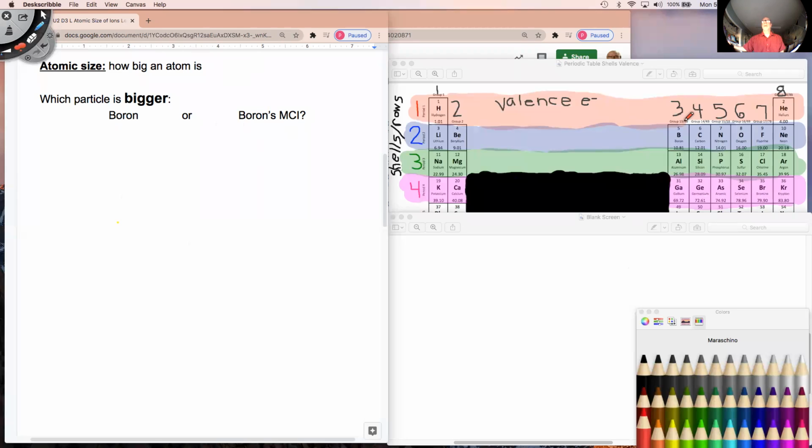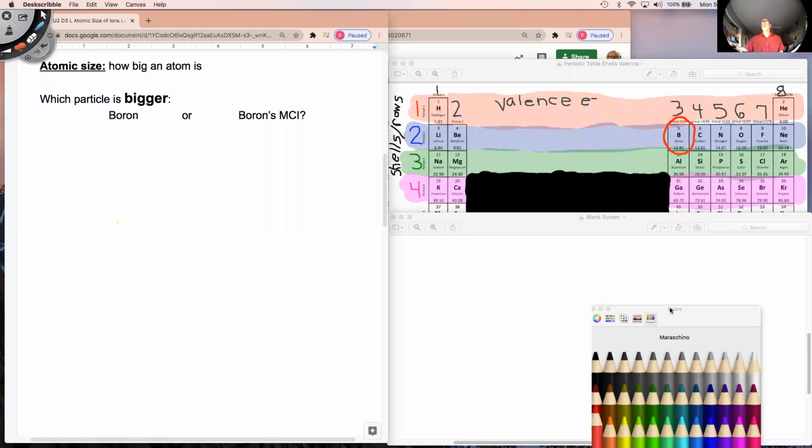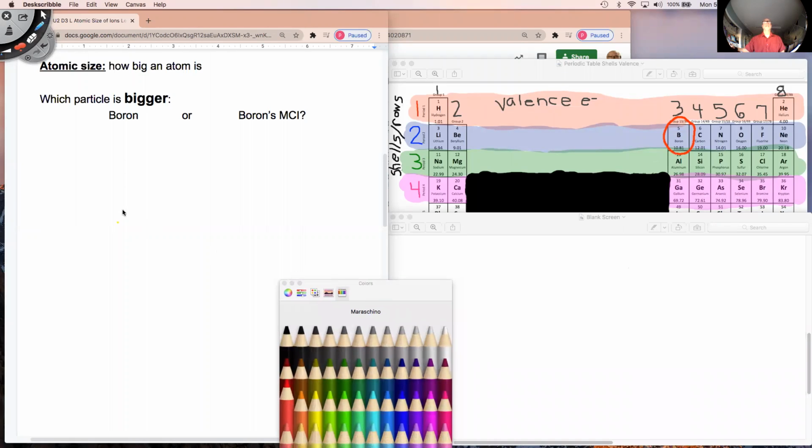So boron is right over here, and you can see that boron has 5 protons. And since it's a neutral atom, there must be 5 electrons as well.